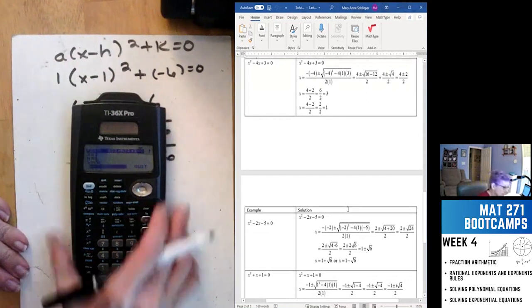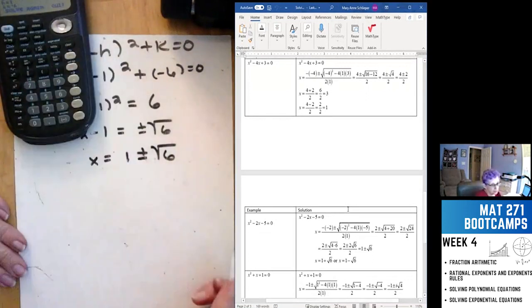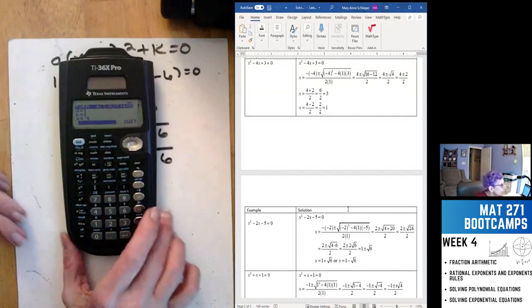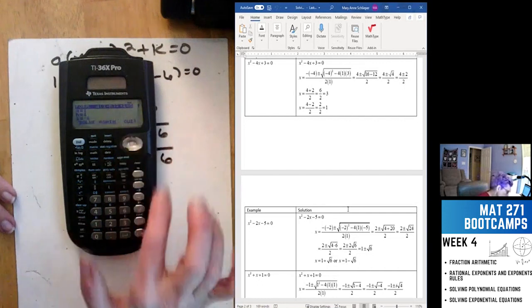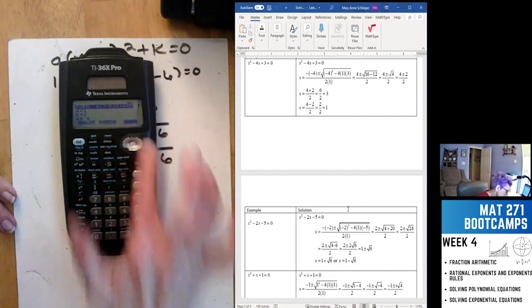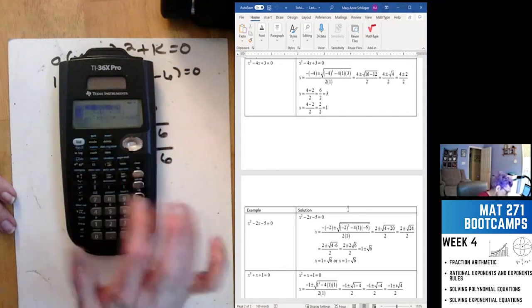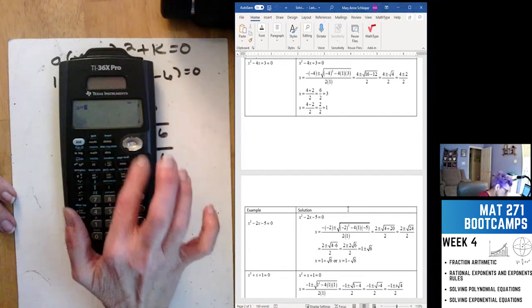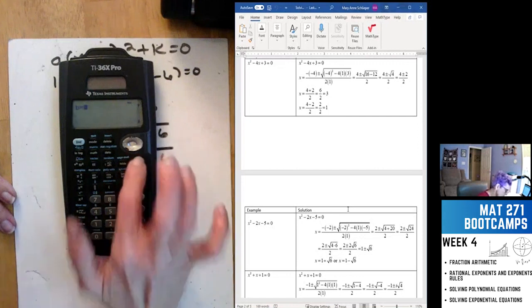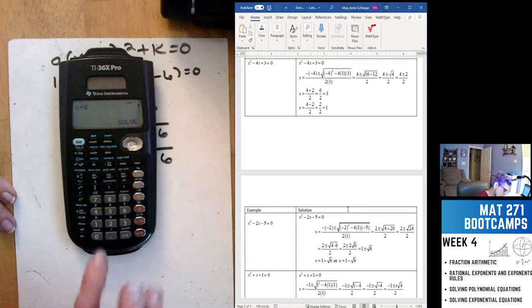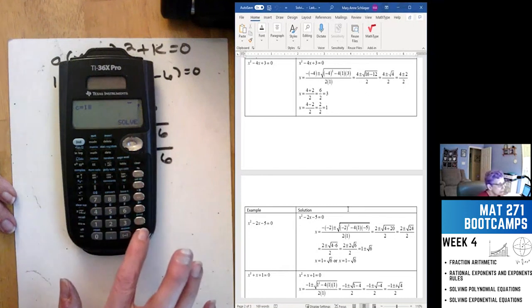Now, let's look at this last one here, where we end up with only imaginary answers. The way that you know that you have no real solutions. Let's get out of here and we'll start over again. Second, polysolve. I was really unimaginative just putting in x squared plus x plus 1.